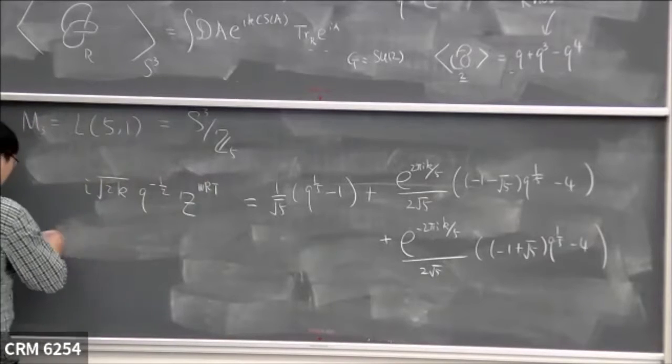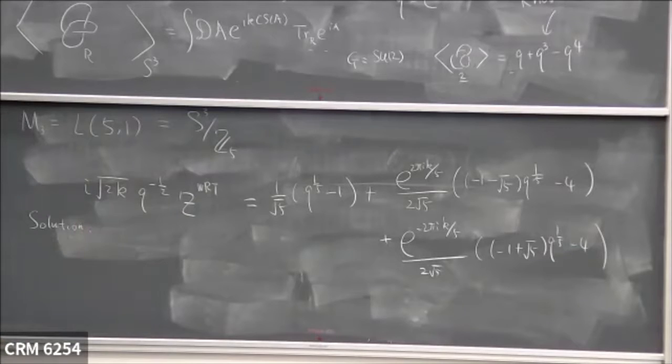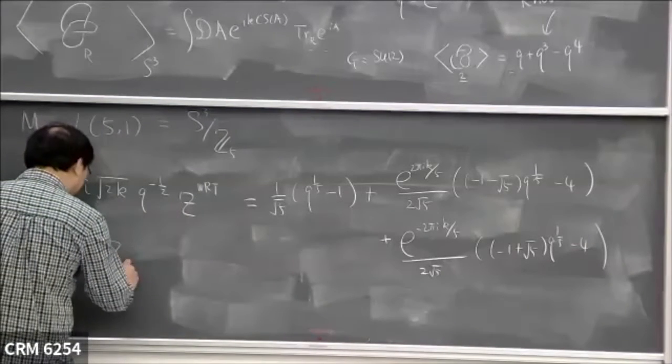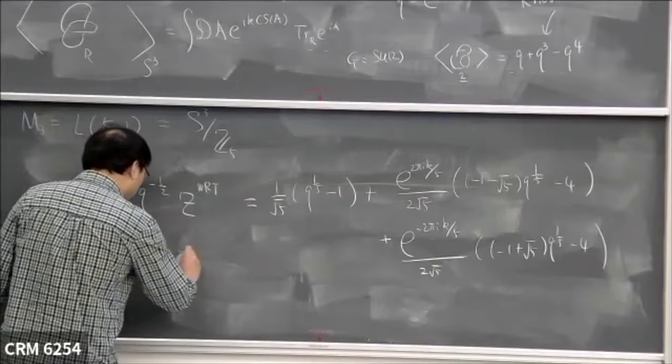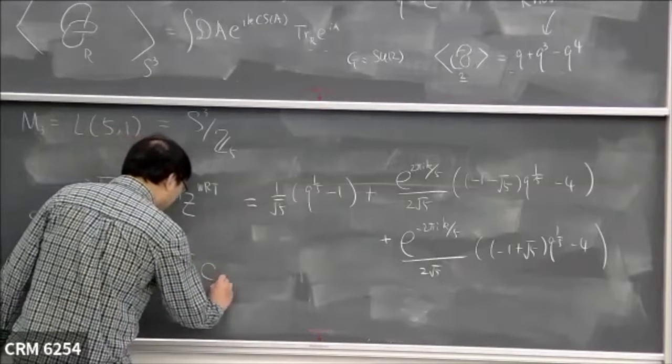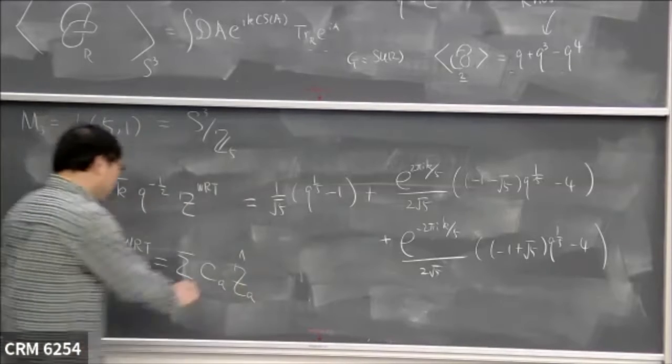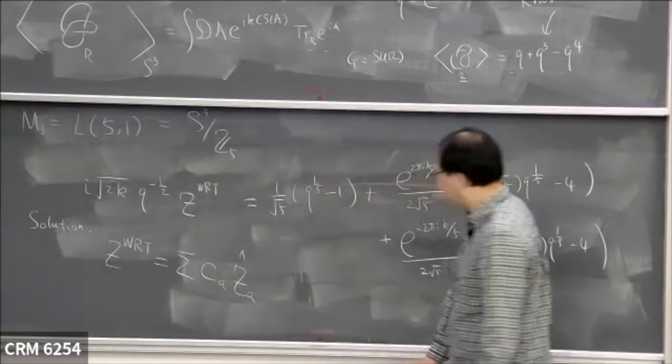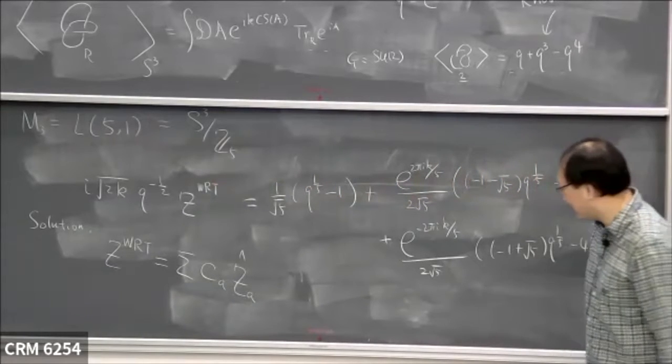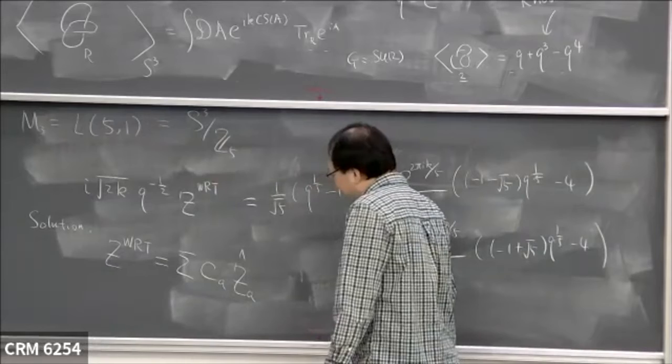So the solution to this is that we decompose the WRT into some more basic building blocks that I will denote by Z hat, labeled by a. So this is something that perhaps you have already seen before.